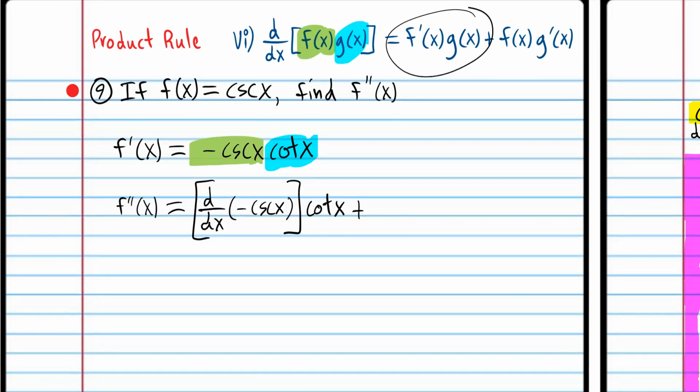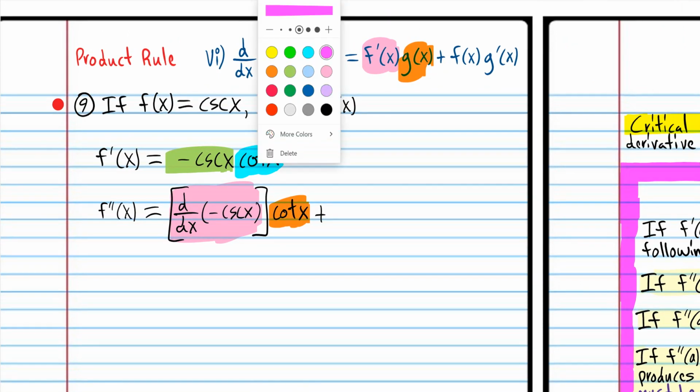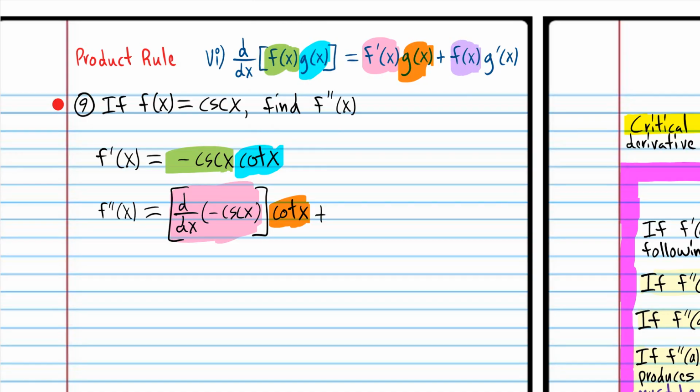So we found this stuff up here. So that's f prime, and g of x, that's that. And if I can find some different colors here, f, that's the first function, which is negative cosecant x.